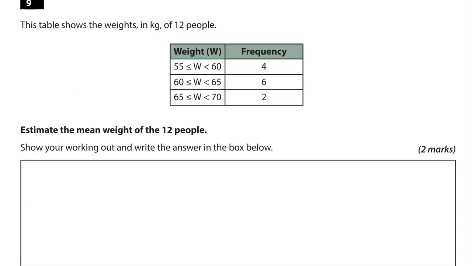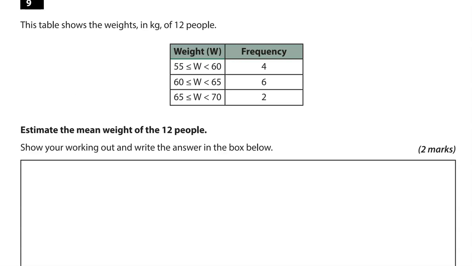Now again, it's so many different weights between 55 and 60, between 60 and 65, between 65 and 70. It's not just whole numbers, it's a range of decimals as well. So it could be 55.1, 55.27, that sort of thing. That's why we group them into these ranges.